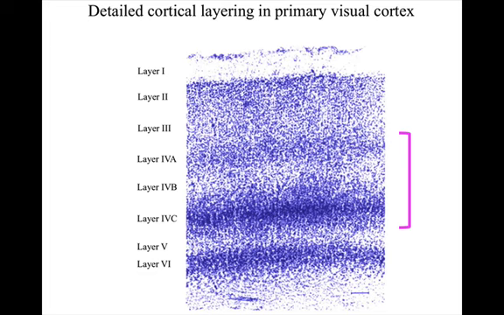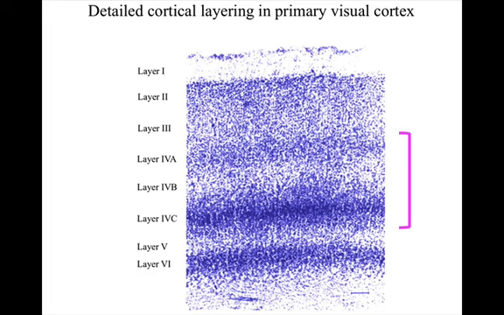In detail, the pattern of layering can vary between areas, and one of the more extreme variations is seen in the primary visual cortex illustrated, which is the area Brodmann labelled 17, but is generally called area V1, and that's where sensory input derived from the eyes first enters the cortex via the thalamus.